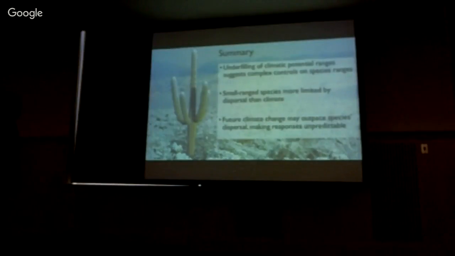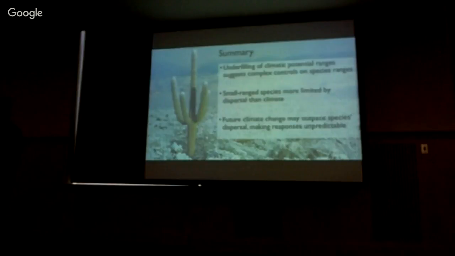So to summarize, the underfilling of potential ranges suggests that many species are not always where we would think they'd be if they're determined only by climate. And this is really important when we want to predict where species are going to go in the future. Furthermore, I found this interaction between range size and range filling, suggesting that the small range species are doing even worse than we thought, and that they're probably being limited by dispersal, as the range shape analysis shows.